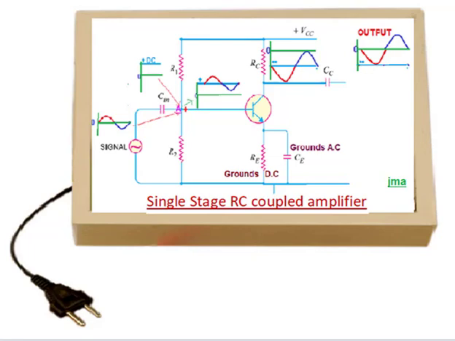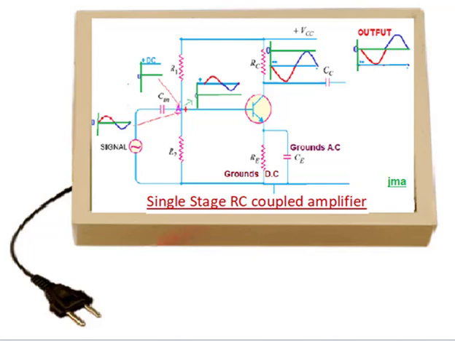Depending upon the characteristics of the transistor, the amplifier allows some part or the whole of the input waveform in its output.